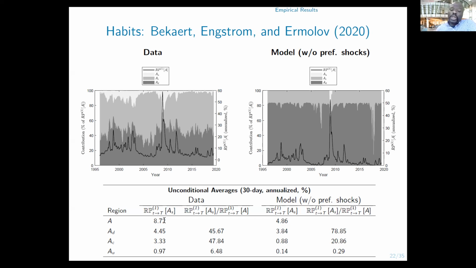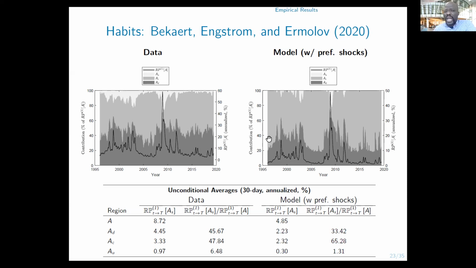What we see is that the downside contributes a lot here. When we compare this to the data, it's not close, but it's more than what the data tells us. And the center contributes by a small margin, which is less than what we get from the data when you look at the right-hand side. The upside has no contribution at all.